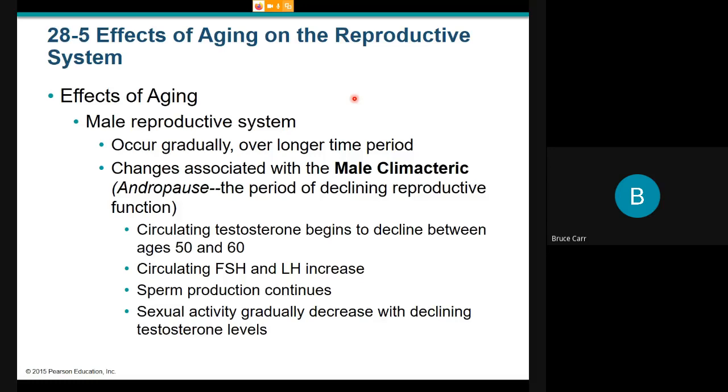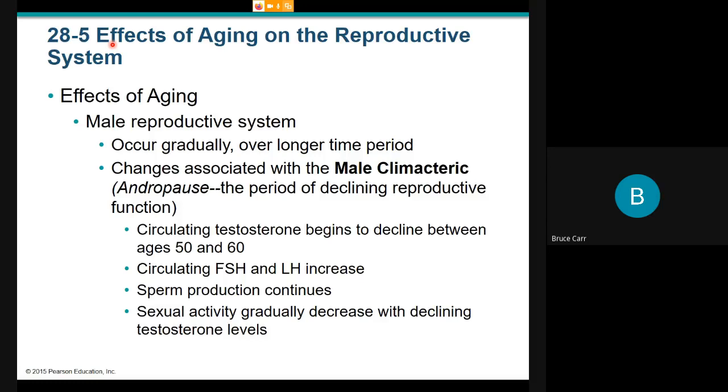In the male system, these occur gradually, but over a long period of time. I think that in the female system, the commitment to this egg formation is such a dramatic use of the female's resources that in time it just sort of stops sooner. In the male system, there's actually very little cost to producing hundreds of millions of sperm.